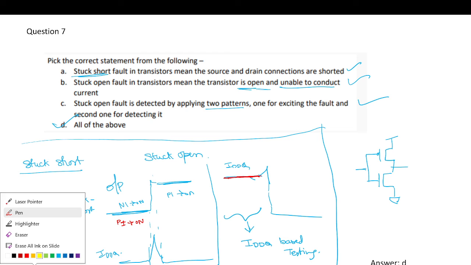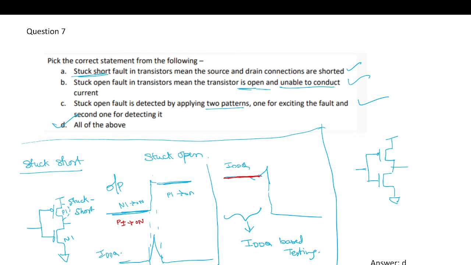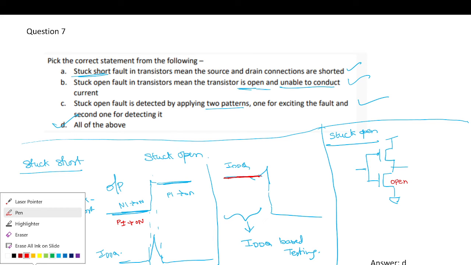Okay, so now I will just show how we do that for the stuck open fault. Say there is a fault, this is a PMOS, this is an NMOS, and this remains open. For that, first I need a vector.